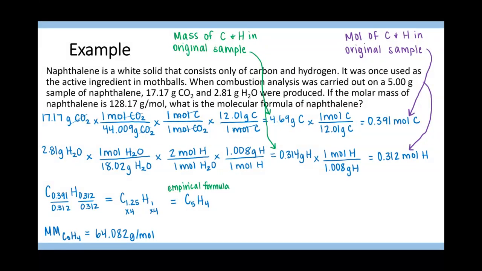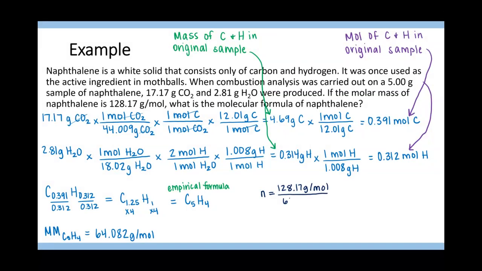Okay. So we have the empirical formula molar mass. We have the molecular formula molar mass provided. Now we need to find the ratio between the two. So we use N. We do molecular formula molar mass divided by empirical formula molar mass. So molecular formula molar mass is 128.17 grams per mole.